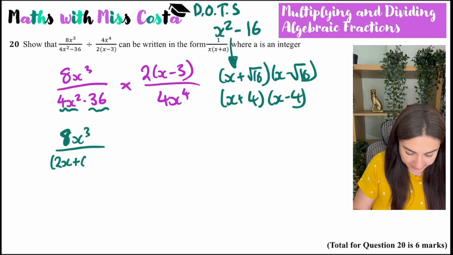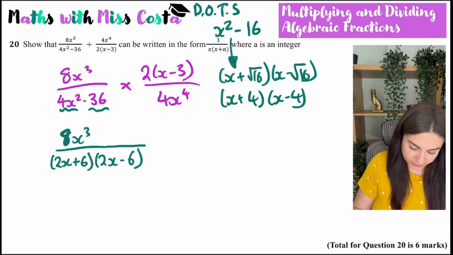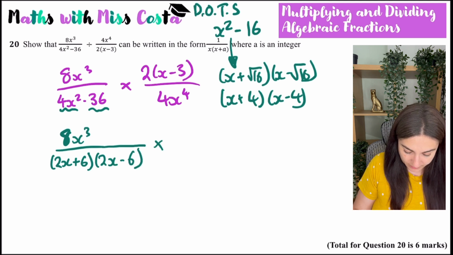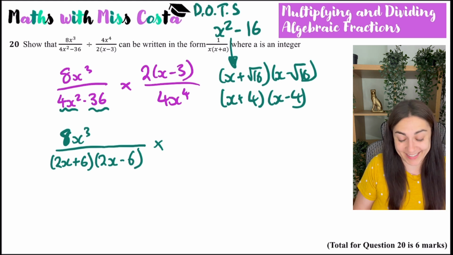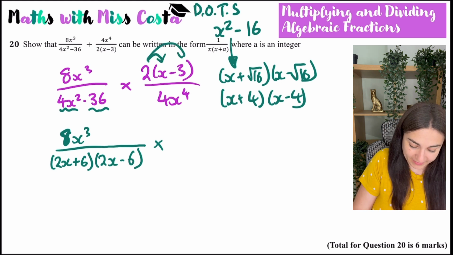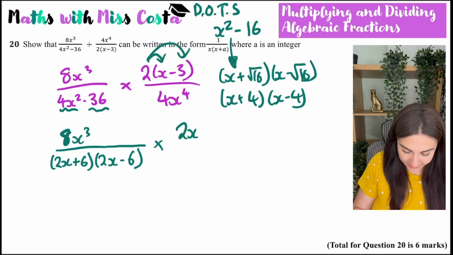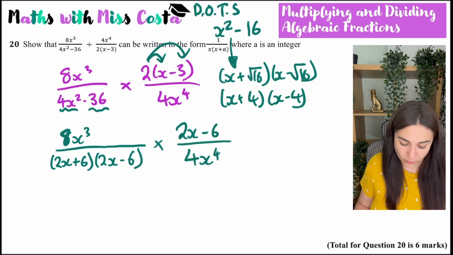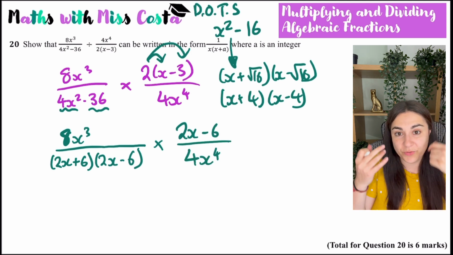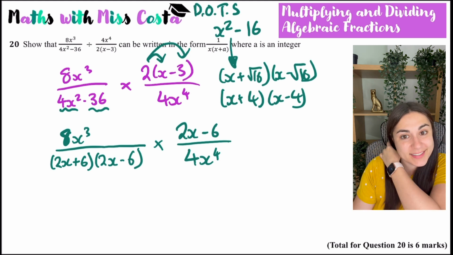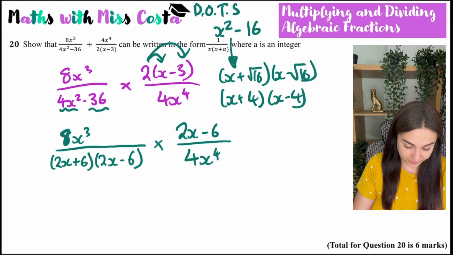So 2x plus 6 and then 2x minus 6, times, and already I can see that that's making a difference. If I expand this, that would be 2x minus 3 over 4x to the power 4. Now remember, when you're multiplying, you just multiply the numerators together and the denominators together.